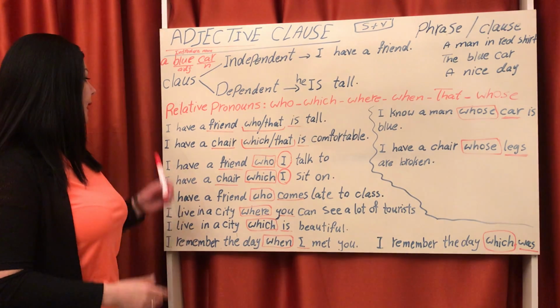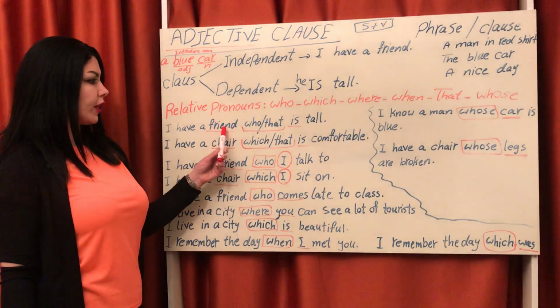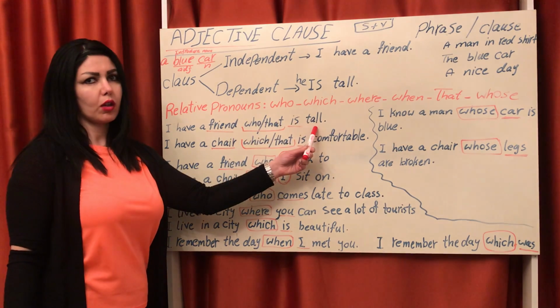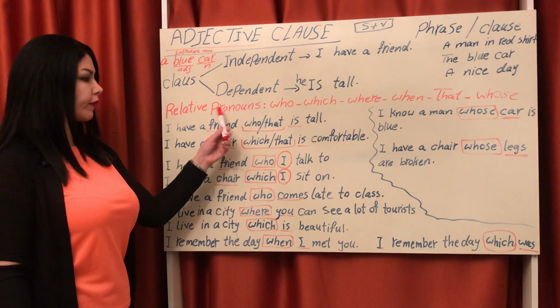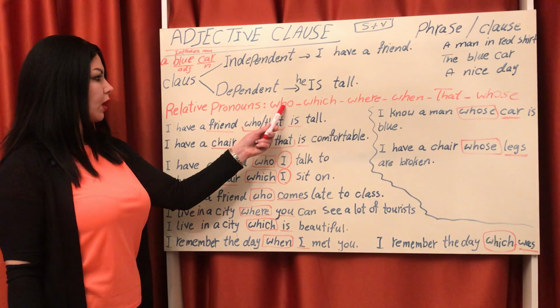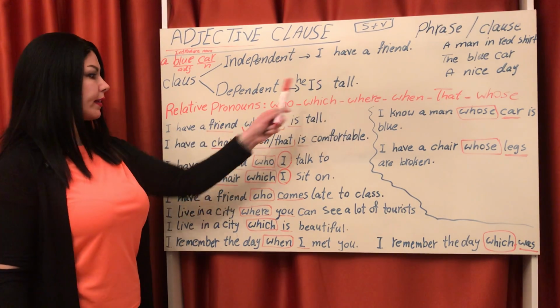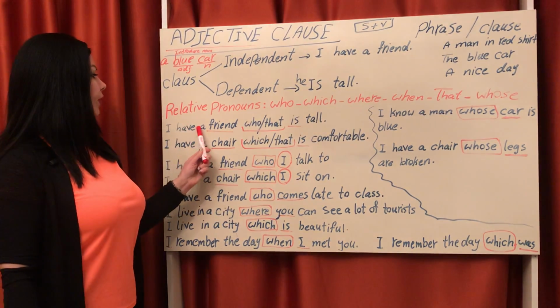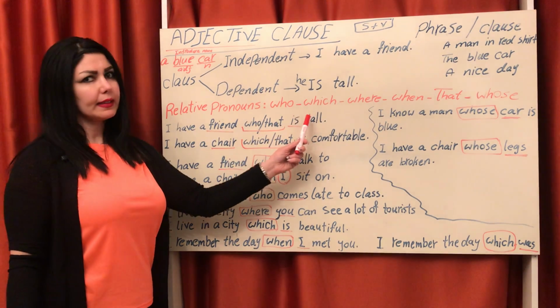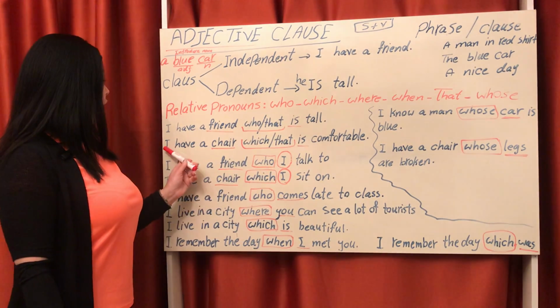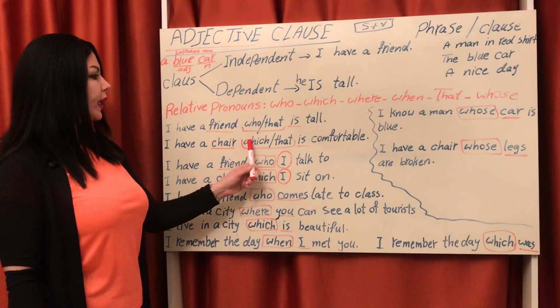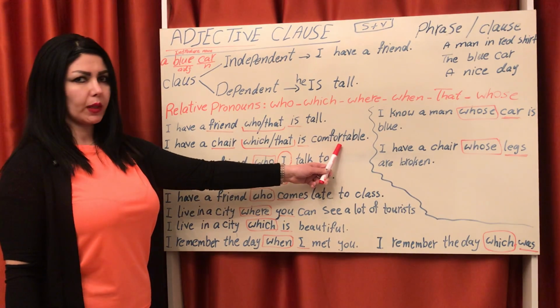Again, look at the examples. I have a friend who is tall. Because of friend, we use who or that. I have a friend that is tall. I have a chair which is comfortable.